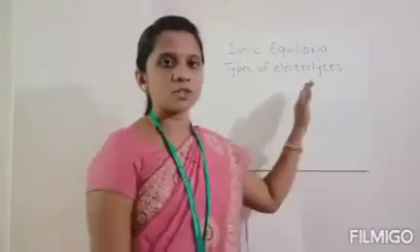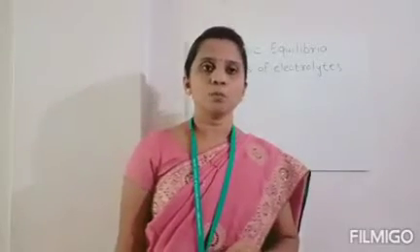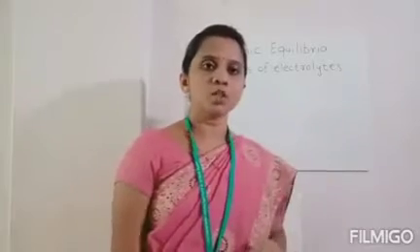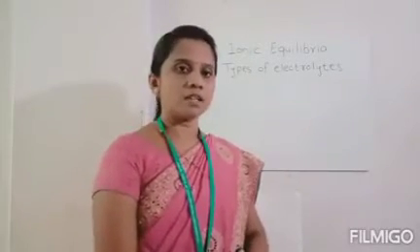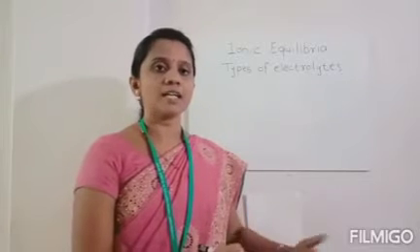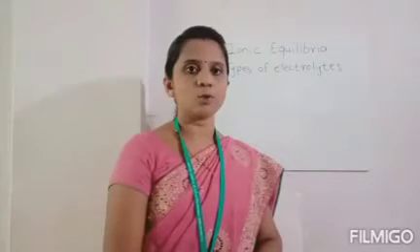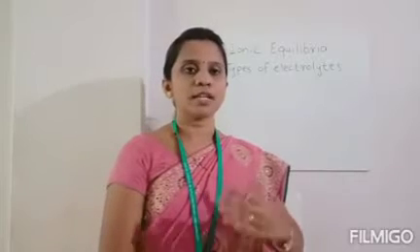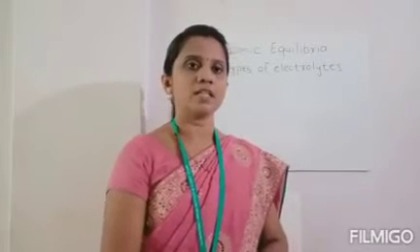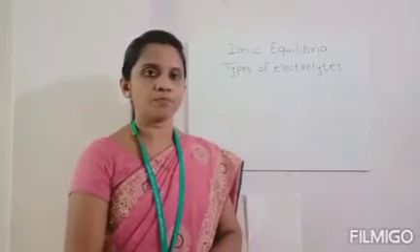types of electrolytes. Now what we have to remember, what are electrolytes and non-electrolytes? Electrolytes are compounds which ionize in their aqueous solution, and on the other hand, non-electrolytes do not ionize in their aqueous solution.